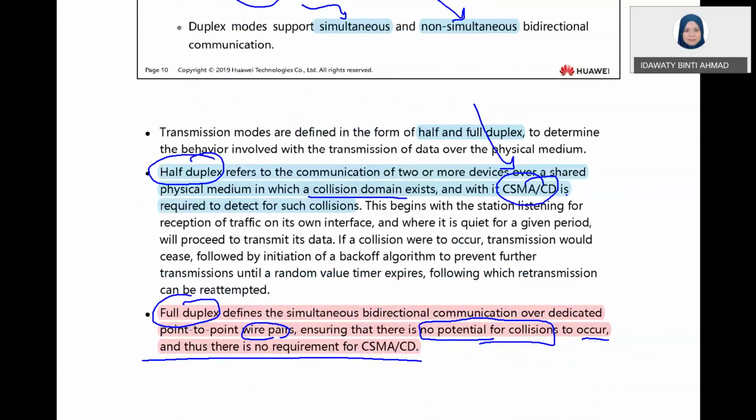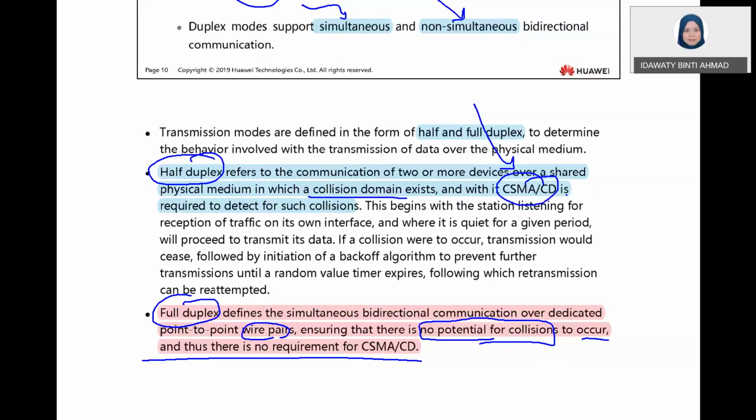And when collision happens, what to do in CSMA/CD? If a collision occurs, you need to back off and then pick some random time before you access again. So it's mentioned here. Before you transmit, you must sense the receiving signal first.